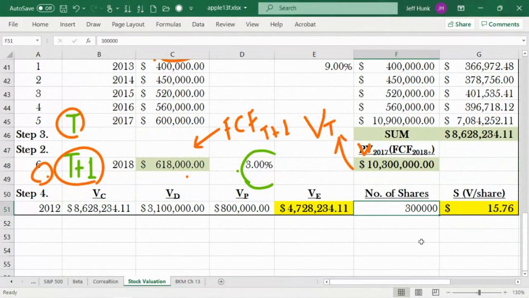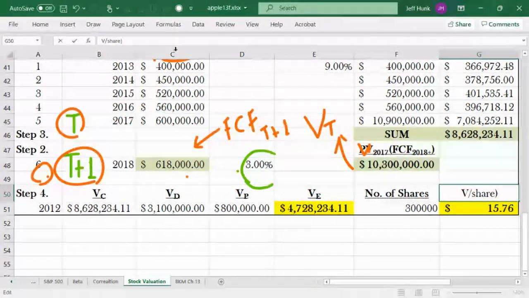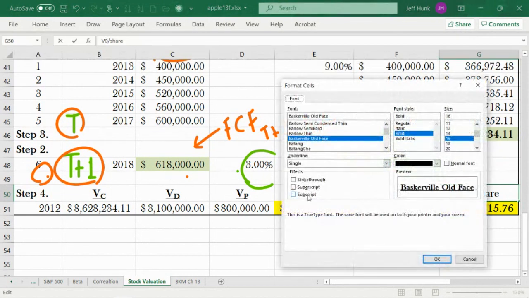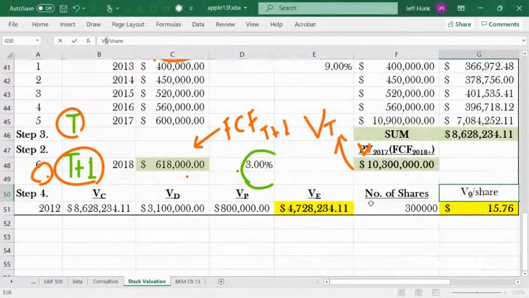And then the per share value is then the value of the stock at time 0, subscript.